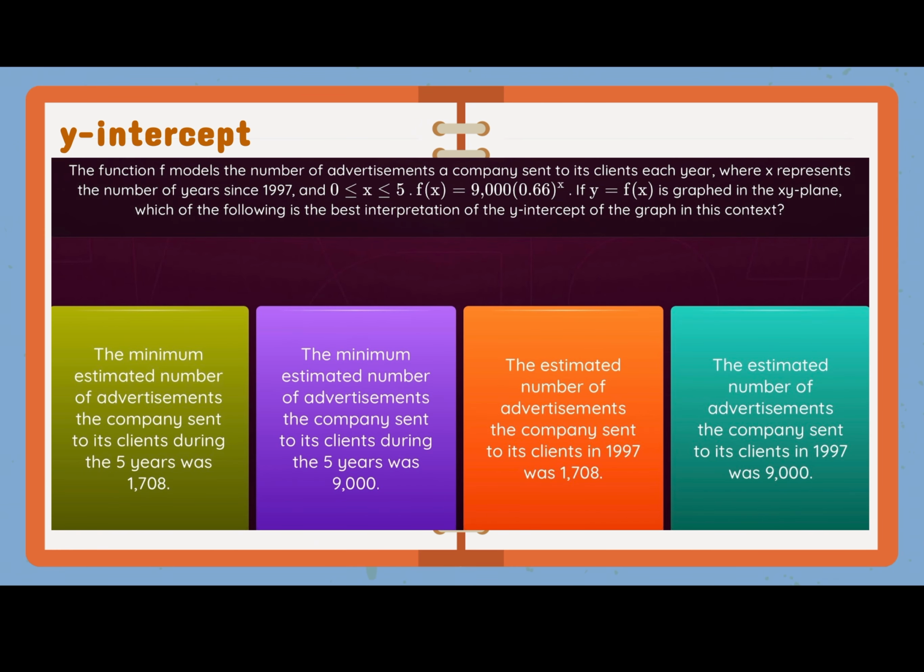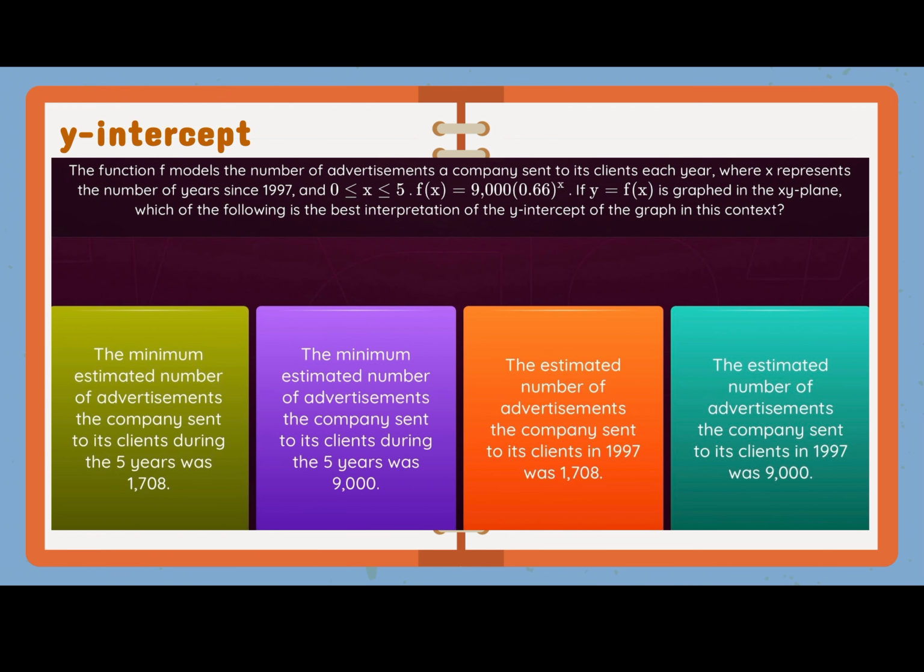Okay, y-intercept, another one, last question for today. The function f models the number of advertisements, and we're following x, that is the number of years after 1997. So x equals 0 just represents 1997.